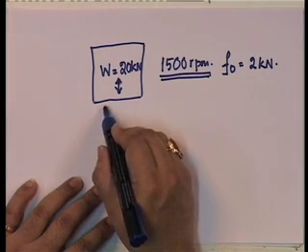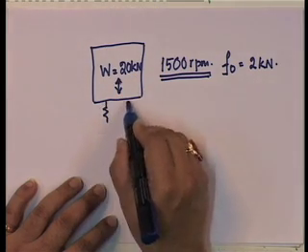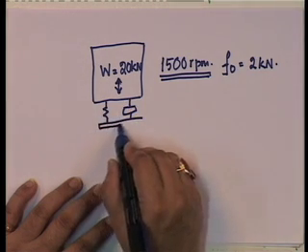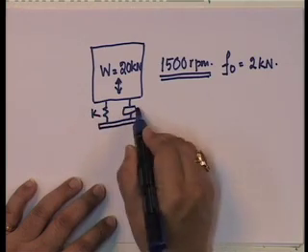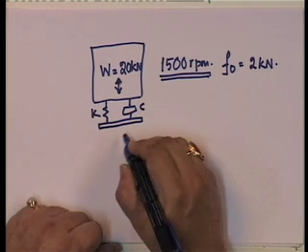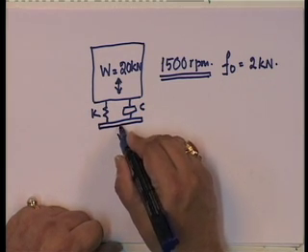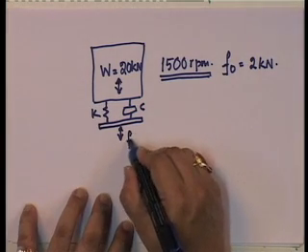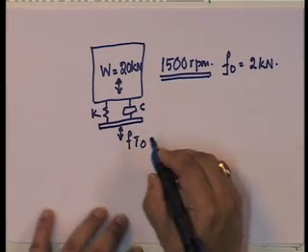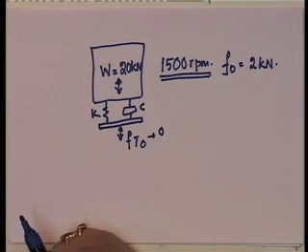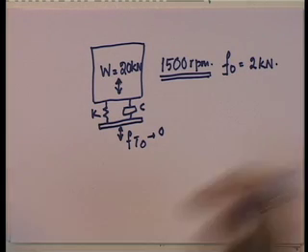We have to design K and C such that we reduce the force transmitted here to as low a value as possible. This is our design problem.